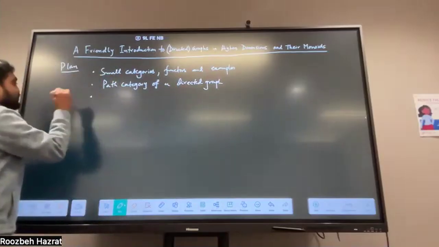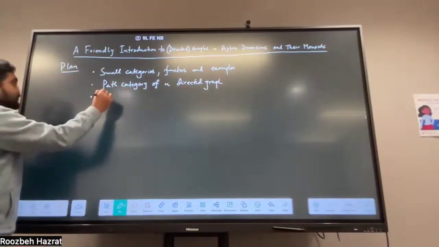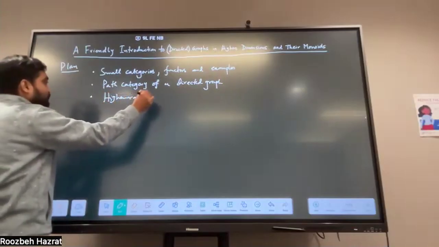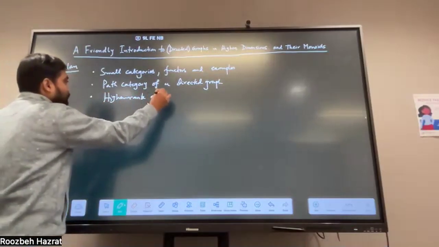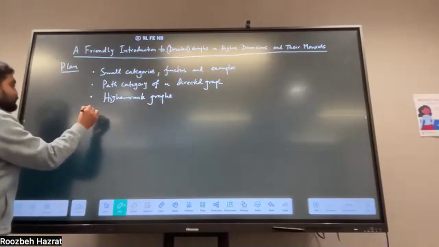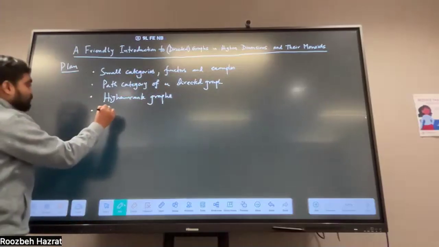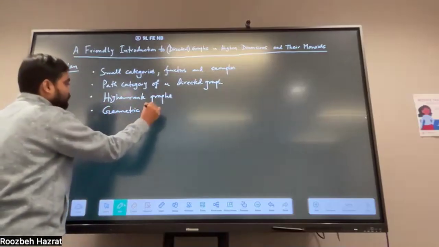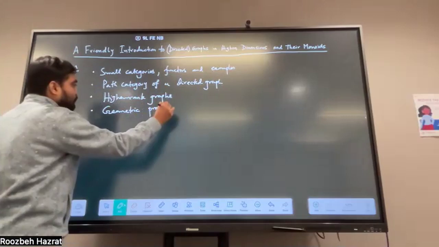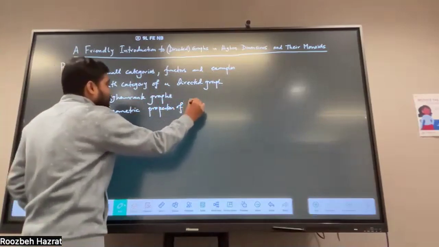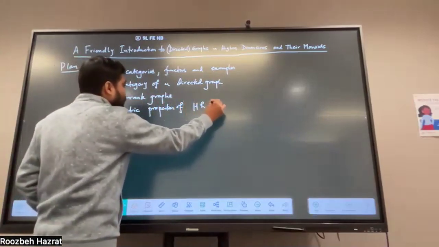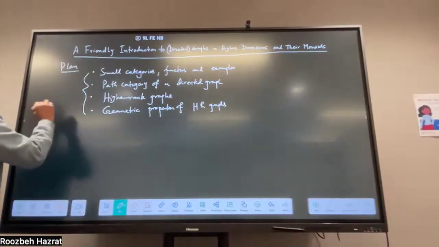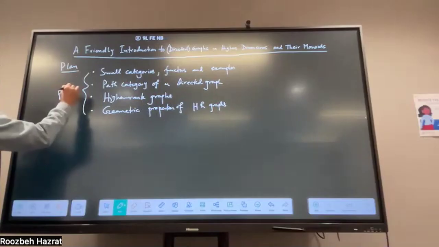Then it will give me the perfect platform to define higher rank graphs. Next, I will talk about some geometric properties of these higher rank graphs. The second part, so this you can think of as part one.